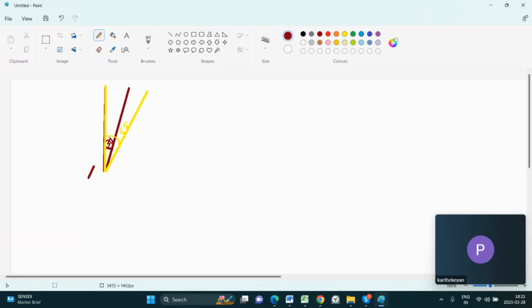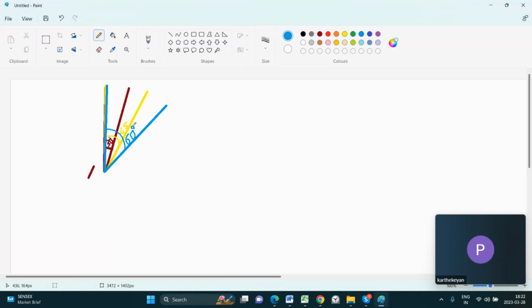This is 45. The third one I will draw in a different color, in the same direction, at 60 degrees. This blue, the C, is 60 degrees.